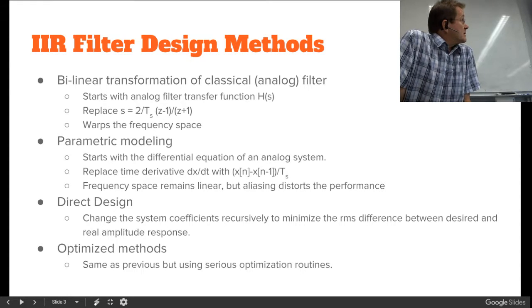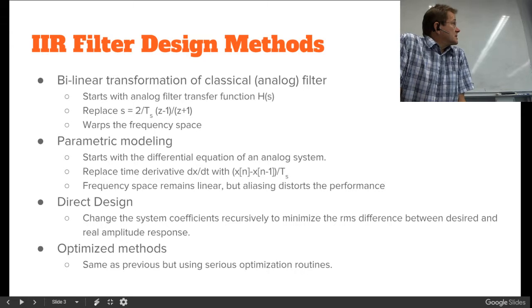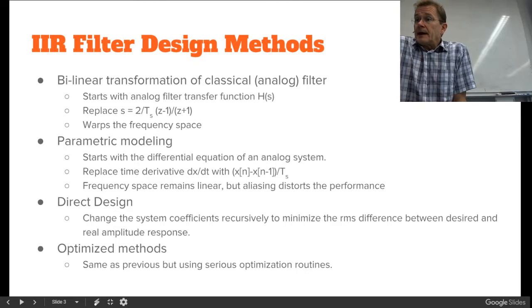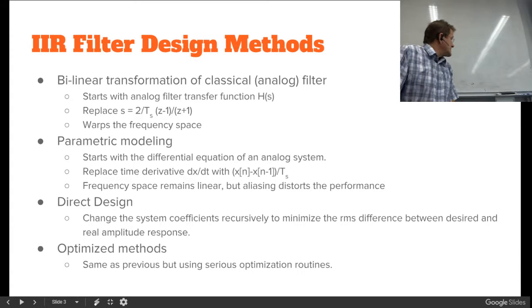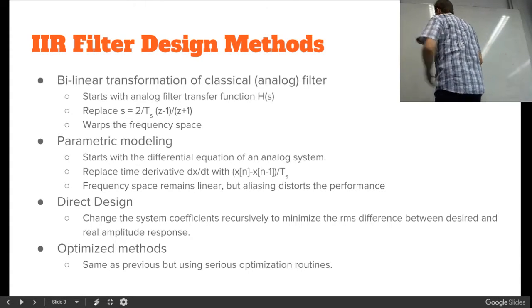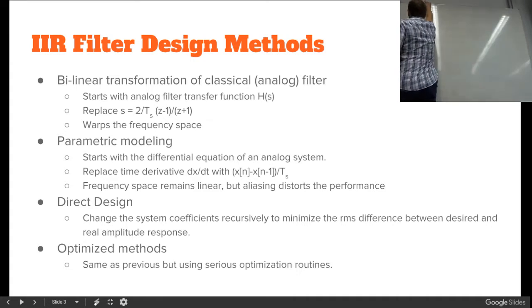The first one is bilinear transformation of a classical, meaning analog, filter. So it starts from the analog system transfer function.